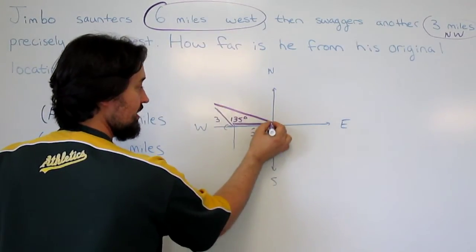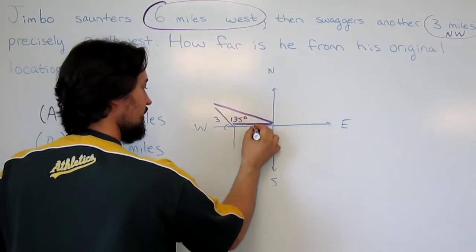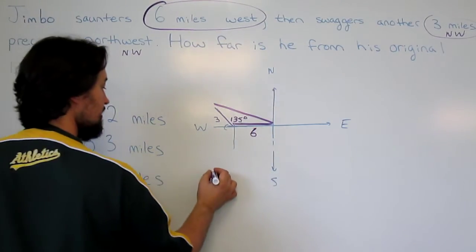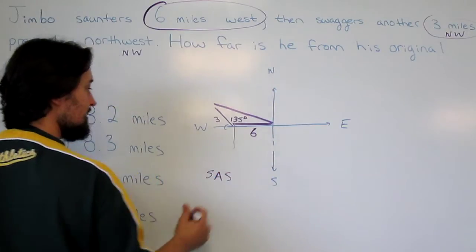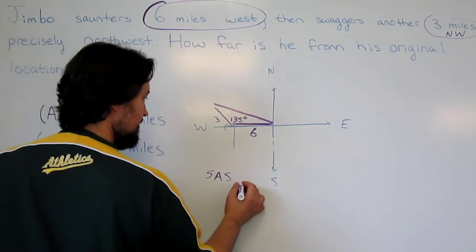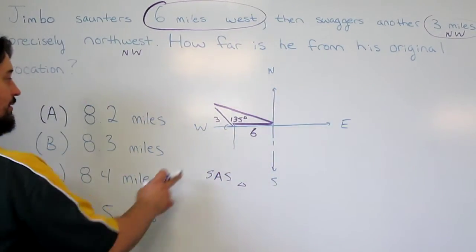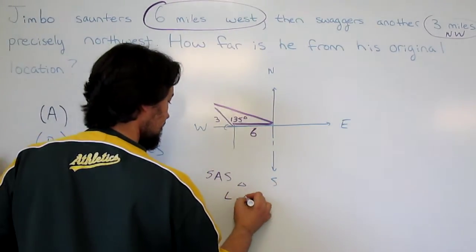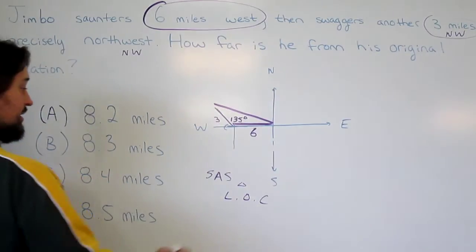We're trying to get from here, the starting point, to here. This is 6, the second leg is 3. This is a side angle side triangle situation. So whenever you have this kind of situation, you can always use law of cosines, all right? LOC, law of cosines.